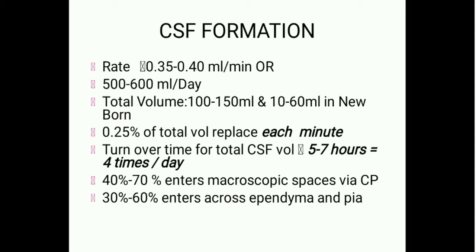Total volume is around 100 to 150 ml in adults and 10 to 60 ml in newborns. 0.25% of total volume is replaced each minute, so the turnover time for the total CSF volume is 5 to 7 hours, which is about 4 times per day. 40% to 70% enters the subarachnoid space via the choroid plexus, whereas 30 to 60% enters across the ependyma and pia.